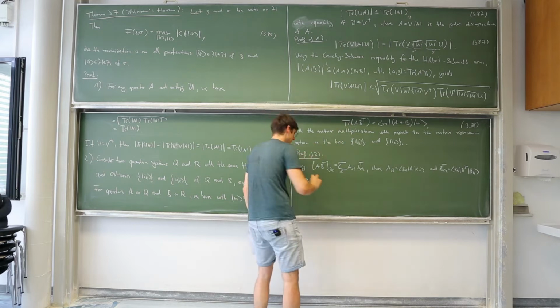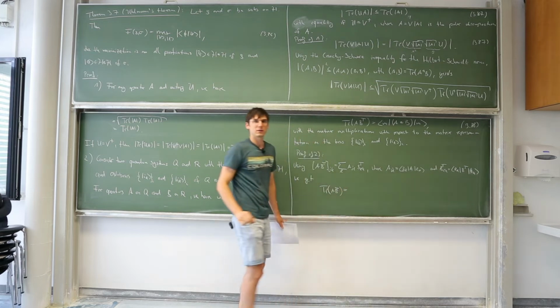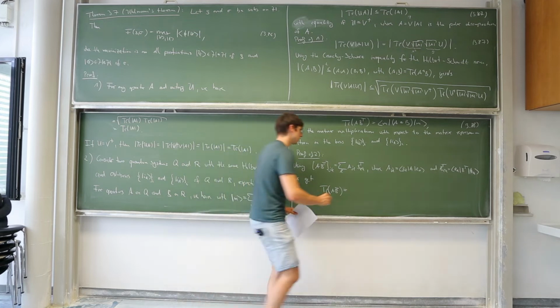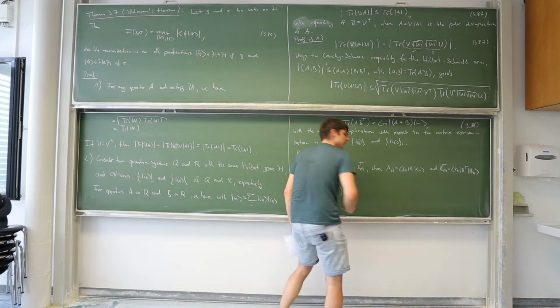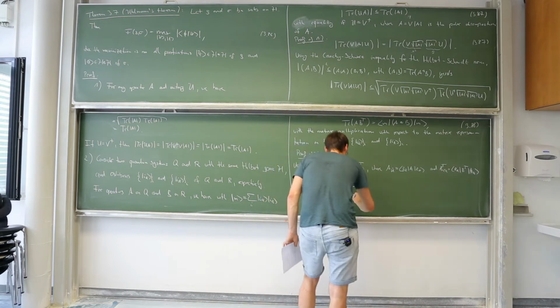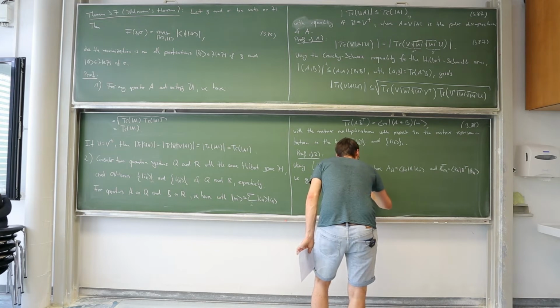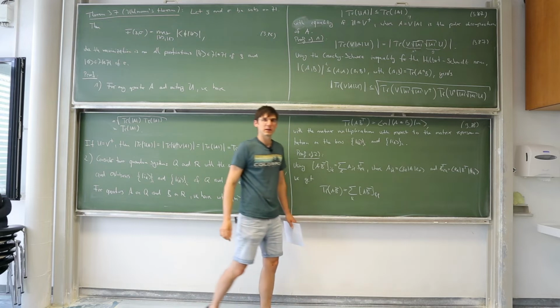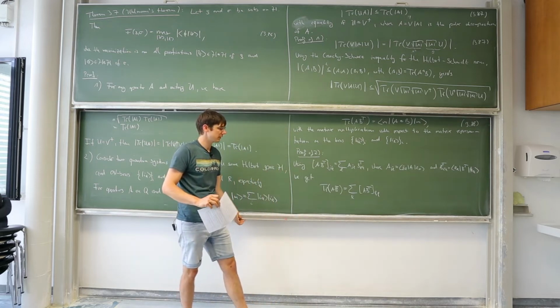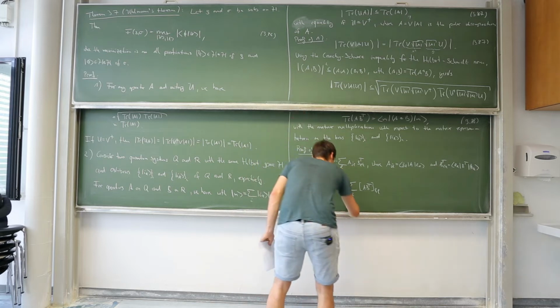So we can now calculate this trace. The trace of A B transpose is simply summing over all diagonal elements, so we sum over all L of A B transpose_LL. These are all diagonal elements of this matrix representation. And now we can plug this in.